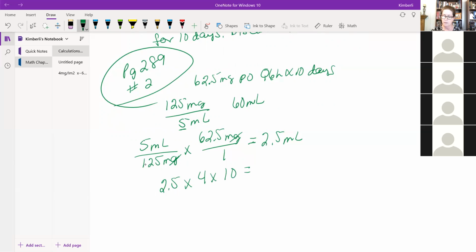So how many milliliters is that for the whole course of therapy over the 10 days? 100. Yep, it's 100 milliliters. So the first question is how many milliliters are needed for the entire course of therapy? It's 100 milliliters, right?